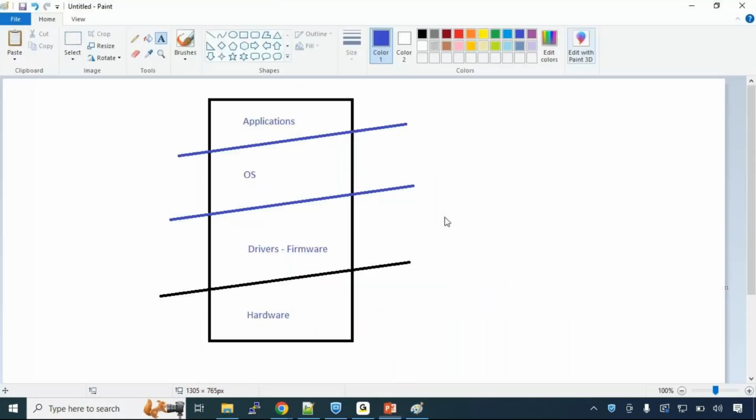As hardware, what is it immediately interfaced with? It is only interfaced with drivers. So as a VLSI engineer, I would not be worried about the OS or applications. I'll be worried about only two things. One is the hardware that I am developing.